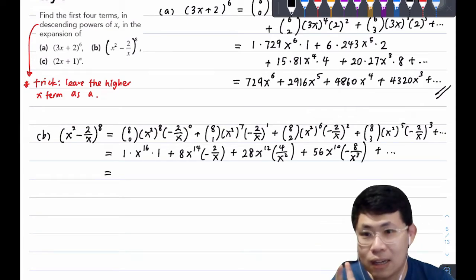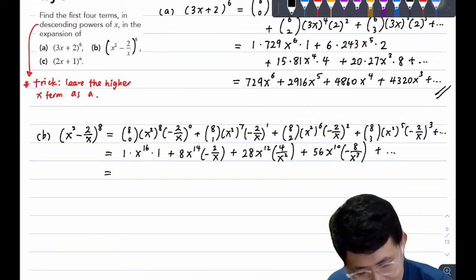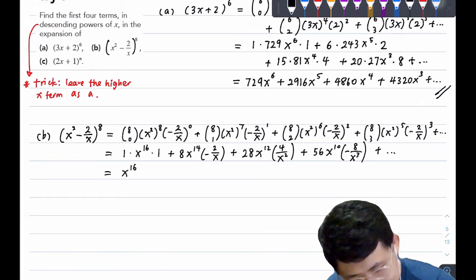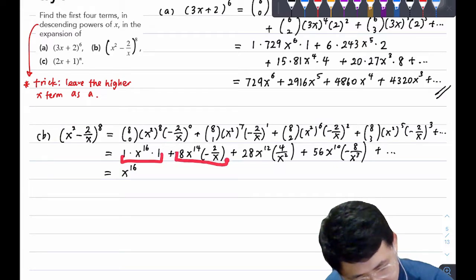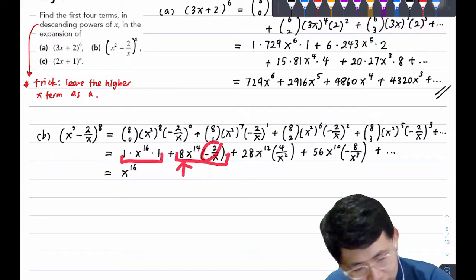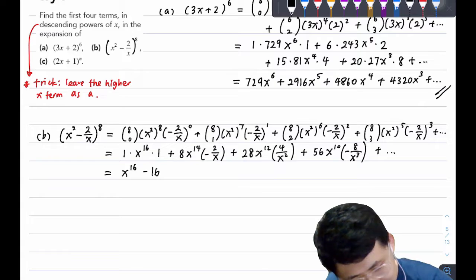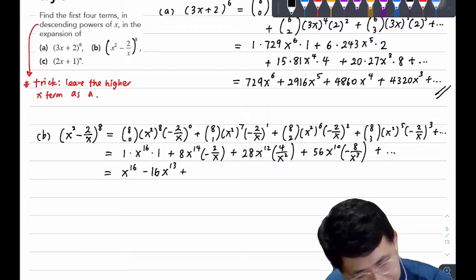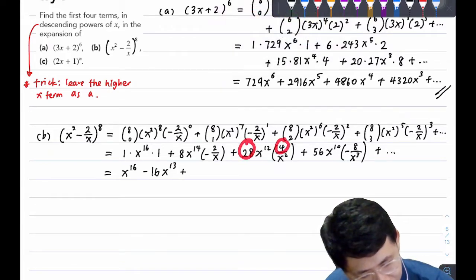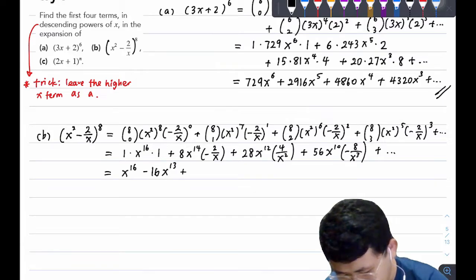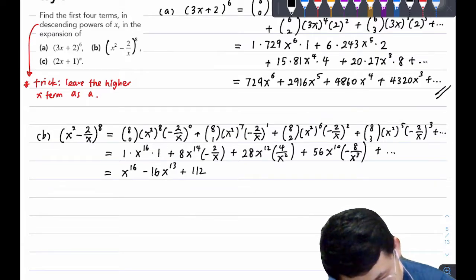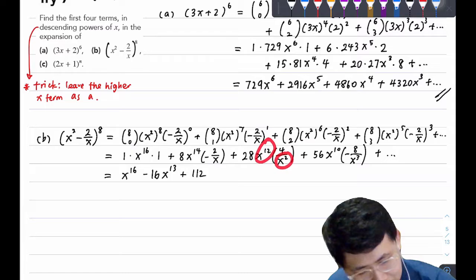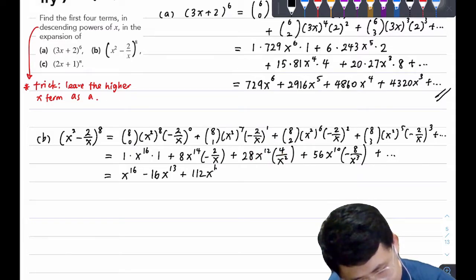So let's simplify this now. Over here I have an x power 16, right? First term is x power 16. Second term over here I have the 8 and negative 2, so this will give me negative 16, x 14 over x, so I will have an x 13. Next one over here, 28 and a 4, so 28 times 4 will give me 112, and then x 12 divided by x squared, so I will have an x 10.